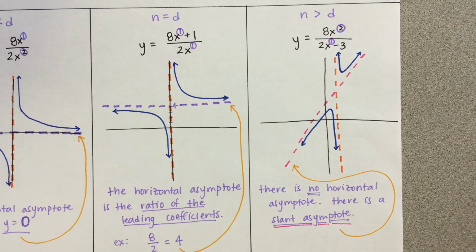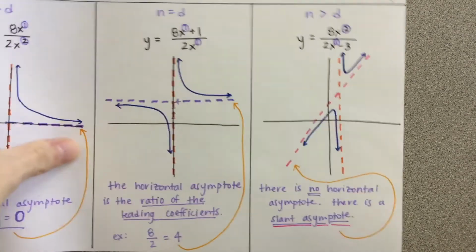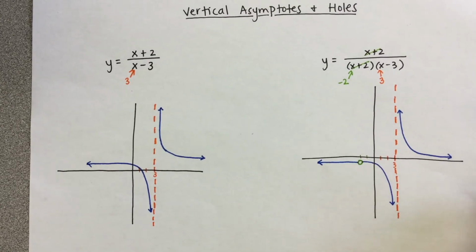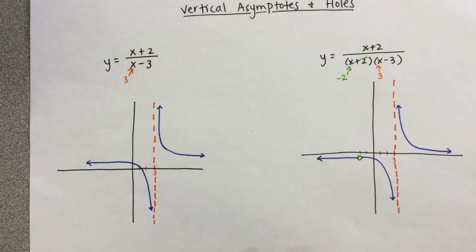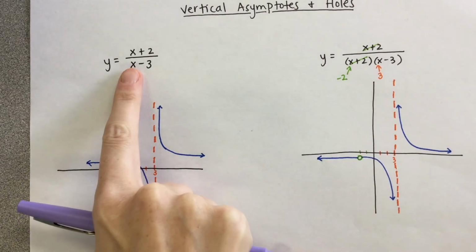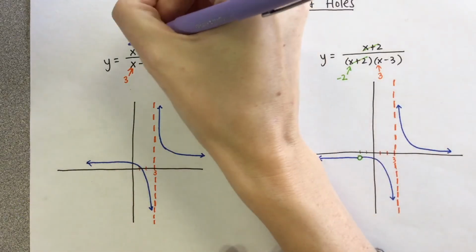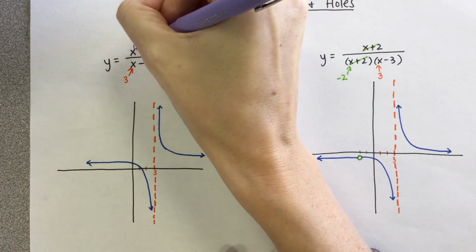So let's look back at these equations that we looked at earlier with the vertical asymptotes and holes. And let's draw in their horizontal asymptotes now that we know where to find them. So in this first equation, we want to look at what is the degree of the numerator and the degree of the denominator. So that's an x to the first power.